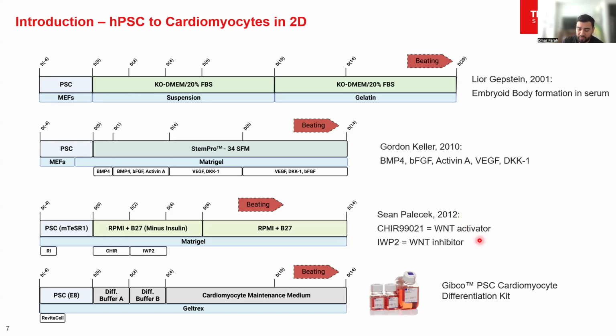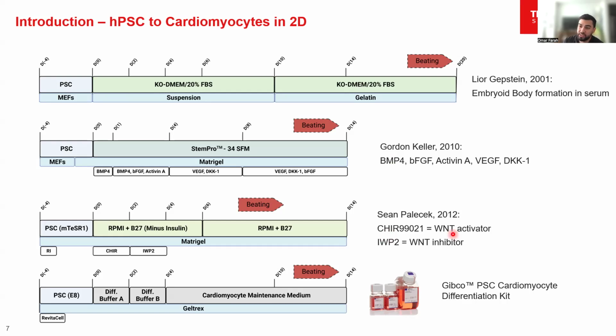In 2012 and close to that, in around 2014 as well, Sean Palecek in Wisconsin and Joseph Wu at Stanford also came out with protocols where instead of using growth factors, they were using small molecules to do pretty much the same thing. In this case, CHIR is a Wnt activator or Wnt agonist.